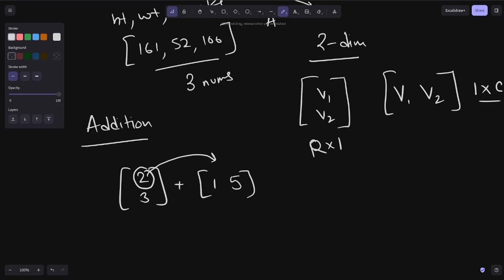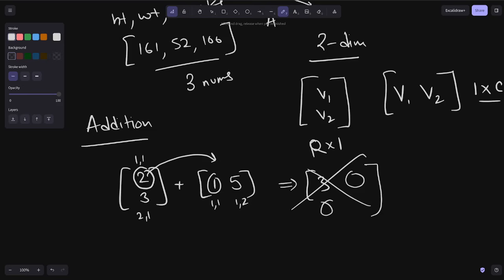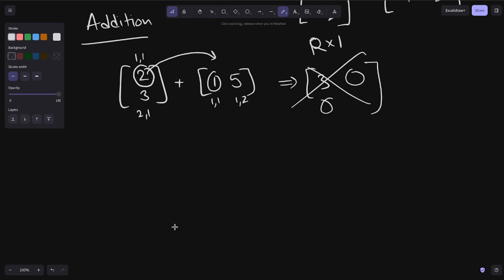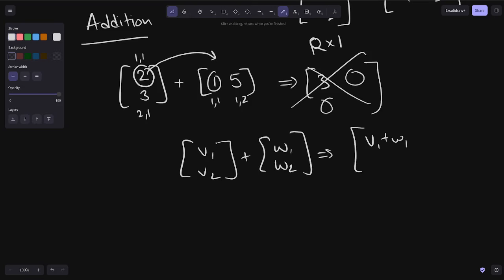Even if you write it as 2, 1 and 1, 1 and 1, 2, and you add a 3, where do you put this? So you cannot do this, right? So for addition, you need to have the vectors be the same dimension. So basically it will be v1, v2, and let's say I have w1, w2. So it has to be v1 plus w1, v2 plus w2. Addition is simple like this.